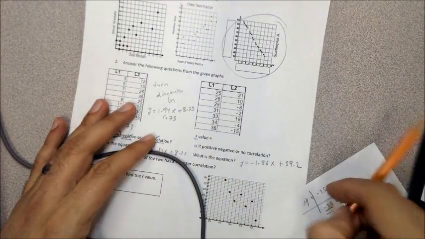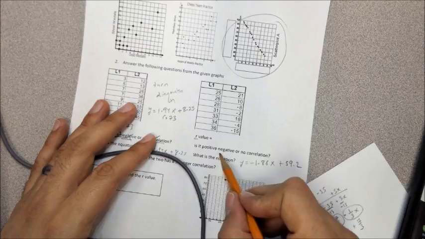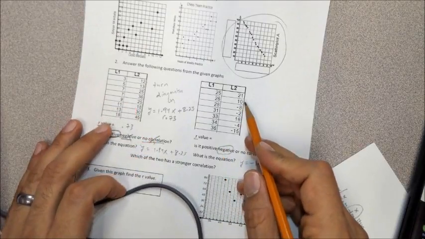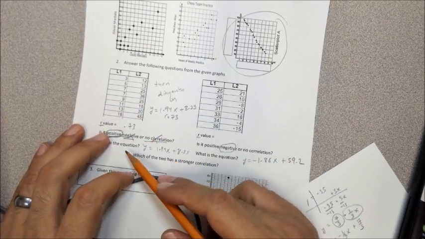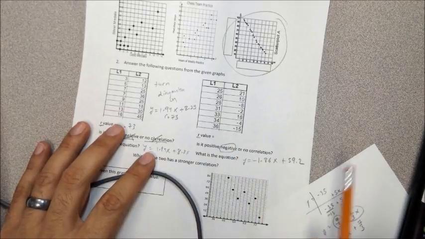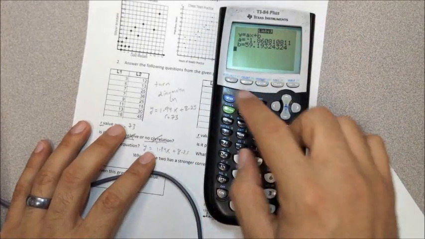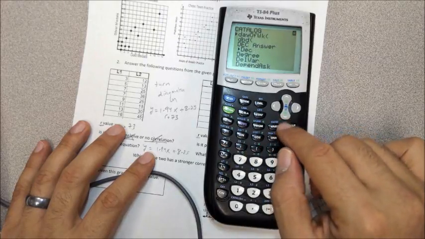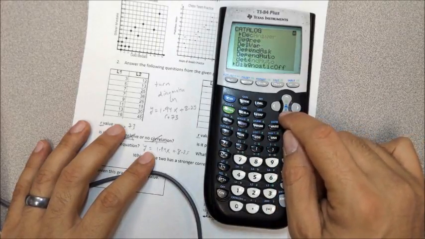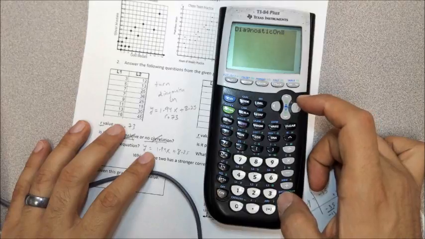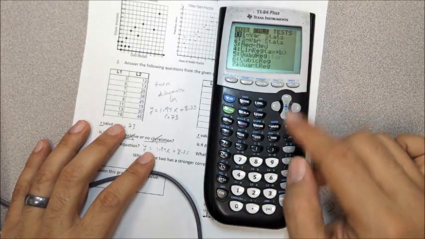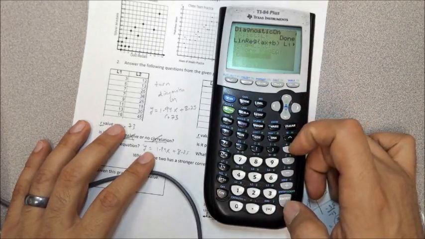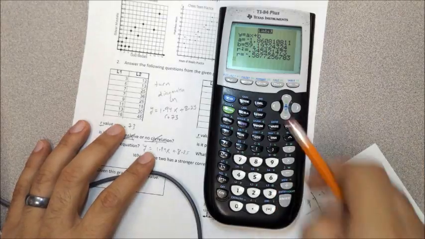As you can tell, the slope is negative, which means it's going downward. The numbers are getting smaller. The slope is positive, that's why it was positive. Now for the r value, I need to turn diagnostic on. Second catalog, the letter D, diagnostic on. Alright, now we'll go stat to the right and a bunch of enters. It's negative 0.58.